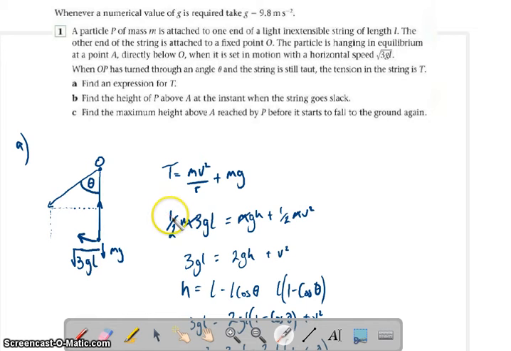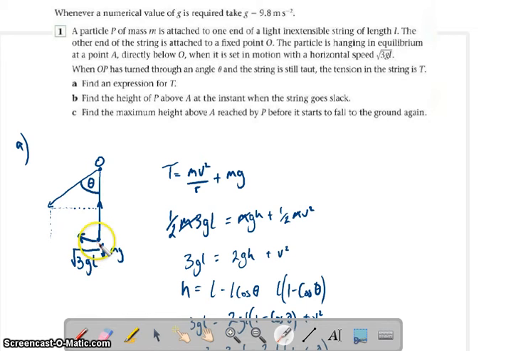You set that equal to half m times 3gl, which is equal to the gravitational potential energy plus the kinetic energy. You can cancel all the common terms of m out here. So 3gl is equal to 2gh plus v squared. Just a rearranging of this. So this is an expression formed from the total energy.